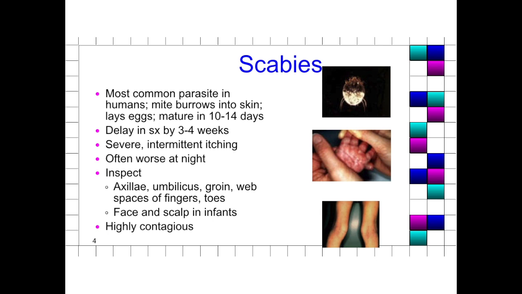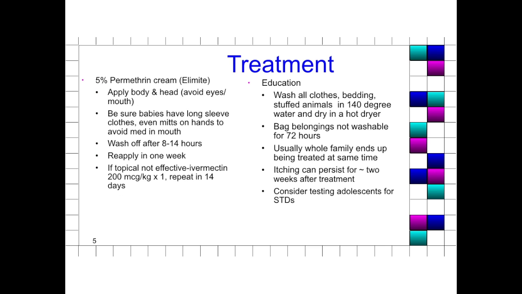This is another thing that is highly contagious, and if you think they have scabies, you get them in a room and you put them on contact isolation. We treat scabies with a 5% permethrin cream, and this is called Elimite. That's the brand name, and this is an over-the-counter product.